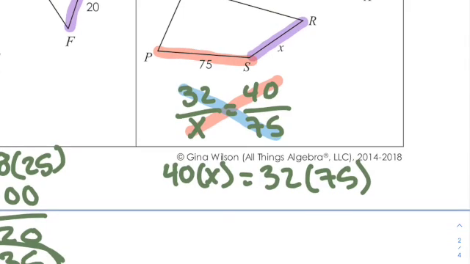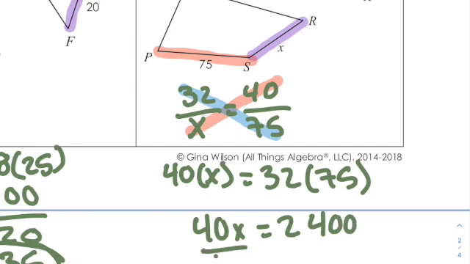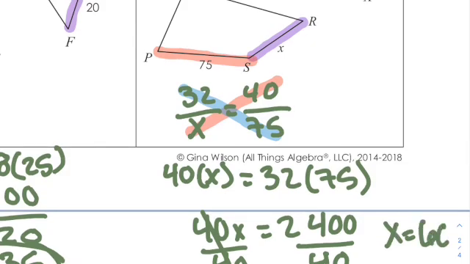And then of course we'll start simplifying. 40 times x is 40x. 32 times 75 is a big old number, 2,400. Then we divide both sides by 40. Those cancel. We get x equals 60. So that's our answer.